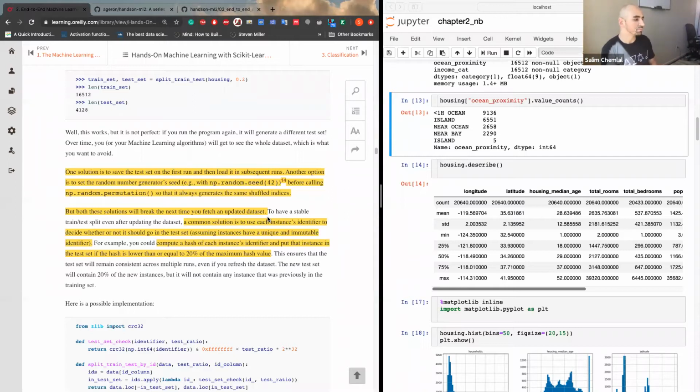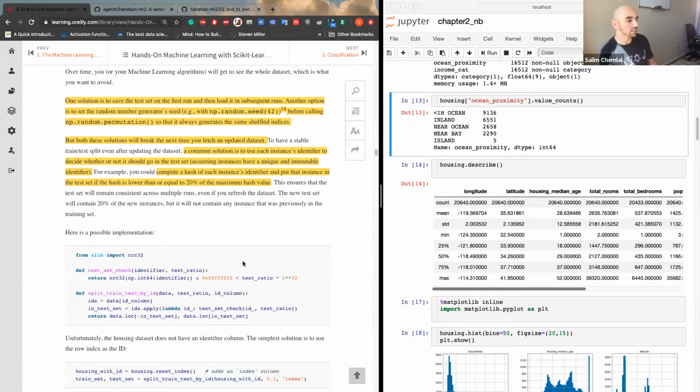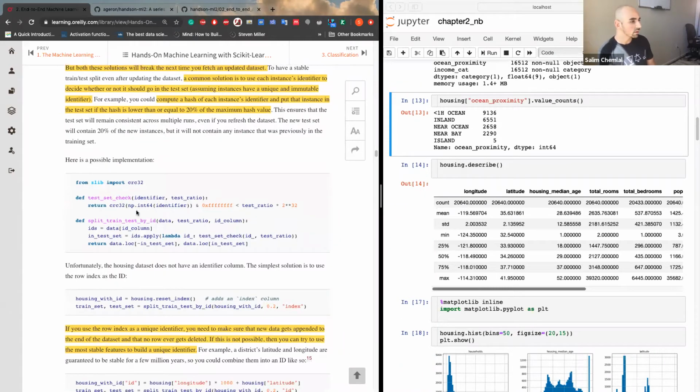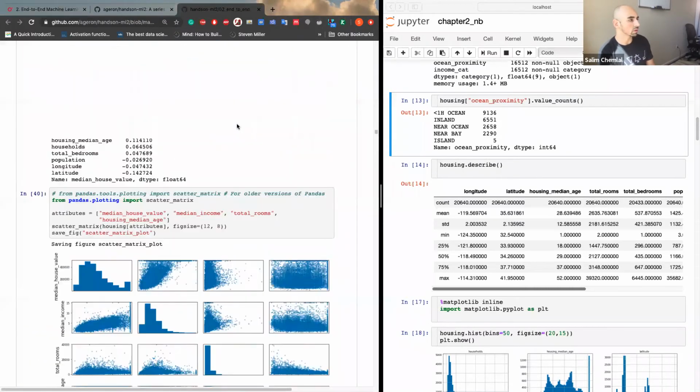That's the solution that he has implemented here. Briefly, he uses CRC32, which is just a hash algorithm, like many others such as MD5, I believe, in his notebook.